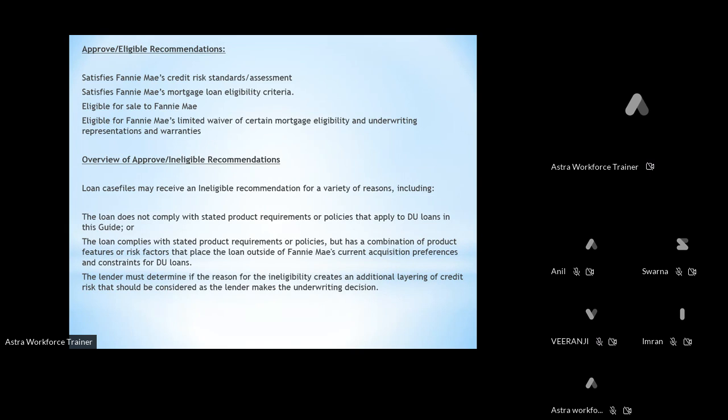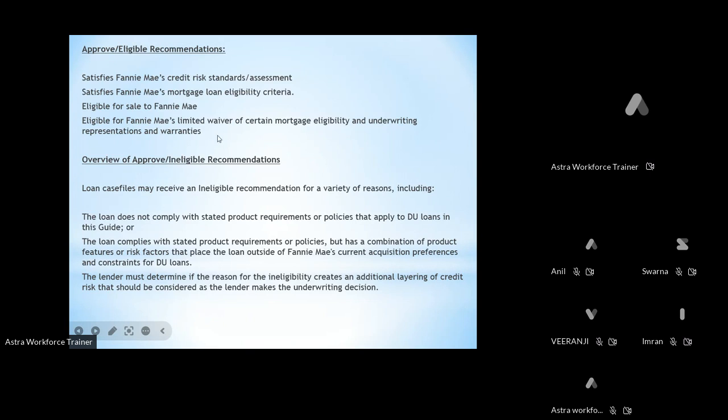That means they are not meeting these four. Out of four, the approve ineligible recommendation will meet only the first three. Then it will show approve ineligible, and let's say it carries very minimal risk.